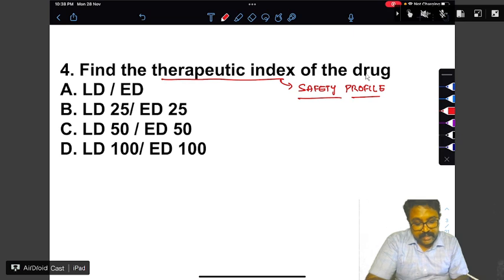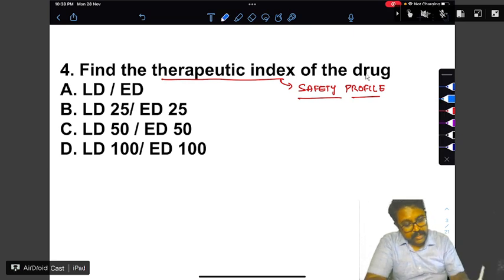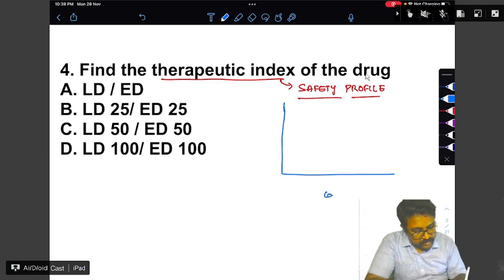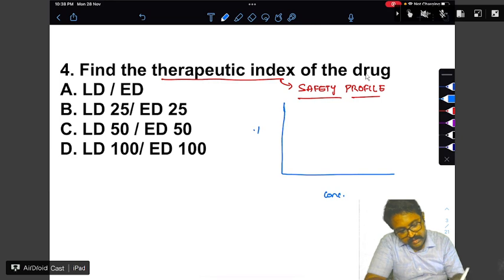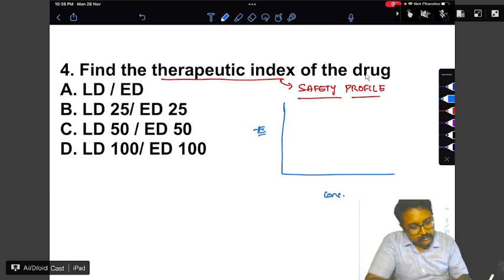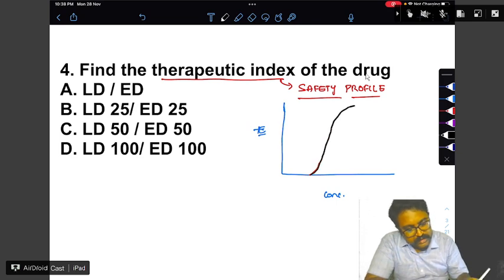When you draw a graph, this is the concentration and this is the efficacy. If you plot a graph, suppose for drug A, the minimum effective dose will be this.